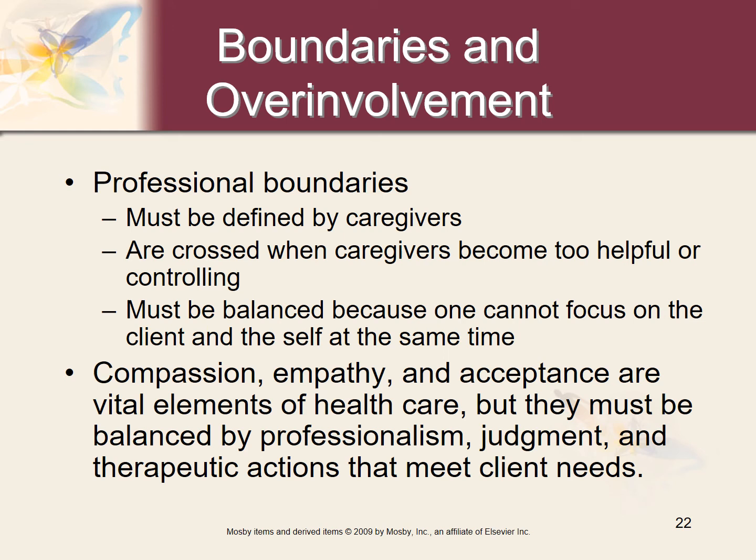Professional boundaries must be balanced because one cannot focus on the client and the self at the same time. Compassion, empathy, and acceptance are vital elements of healthcare, but they must be balanced by professionalism, judgment, and therapeutic actions that meet the client's needs.